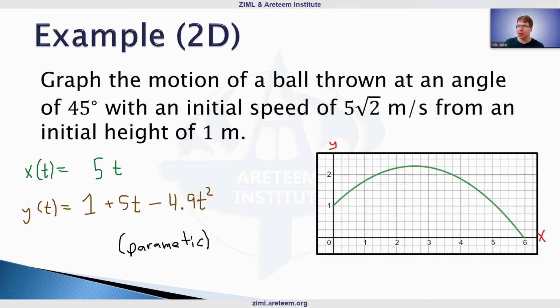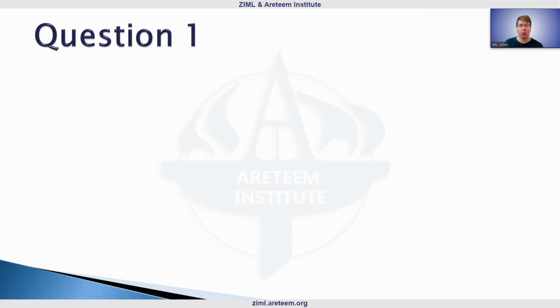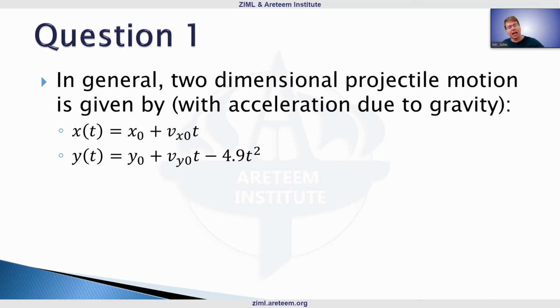Now, let's see how this works in general, as your question for the week. In general, for this two-dimensional projectile motion, acceleration is due to gravity. We can write out two equations, one for the x. This should look fairly familiar: x initial position plus initial velocity in the x direction times time.